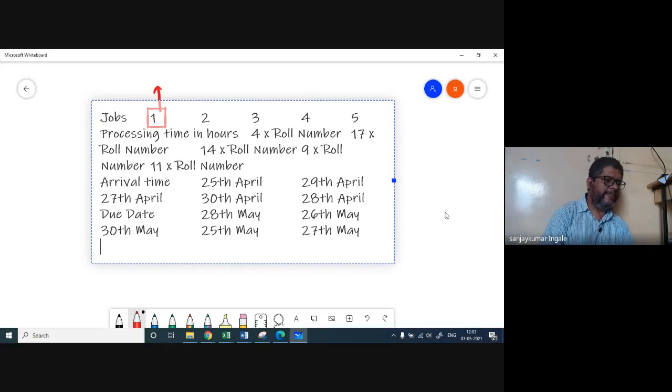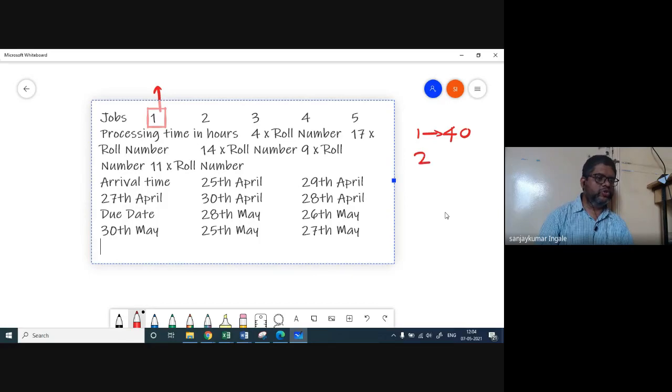Is it okay? Yes. Tell me fast, we want to solve this. So job number 1 has a processing time of 4 into roll number, say it is 40. We assume 10 is the roll number.